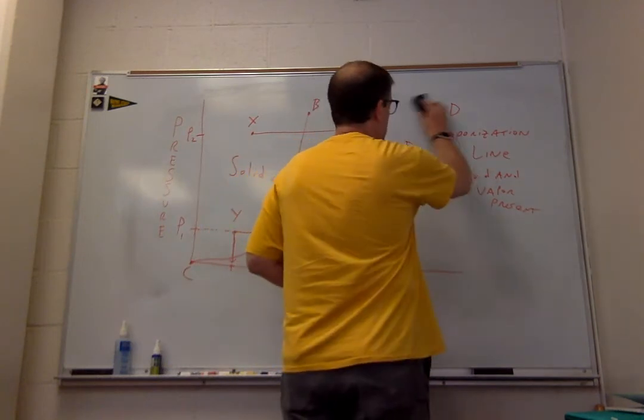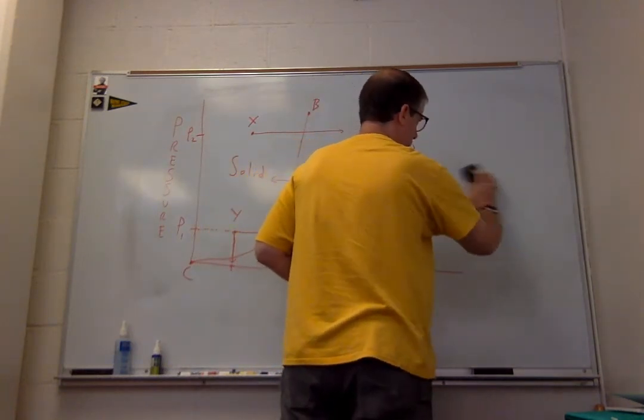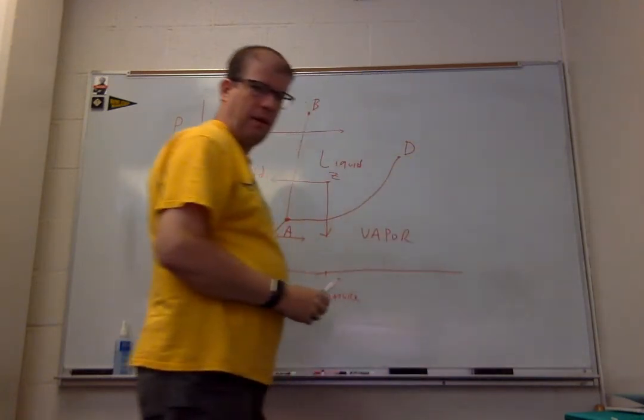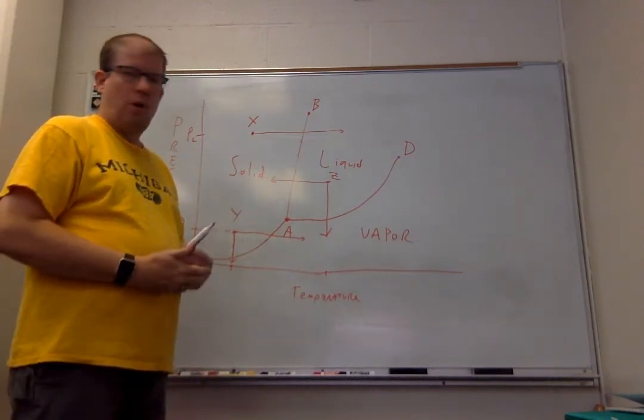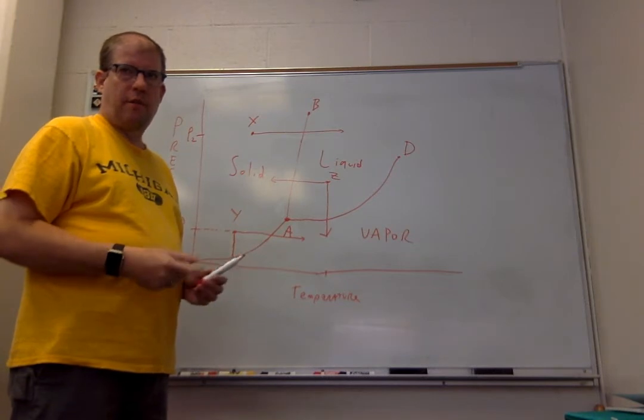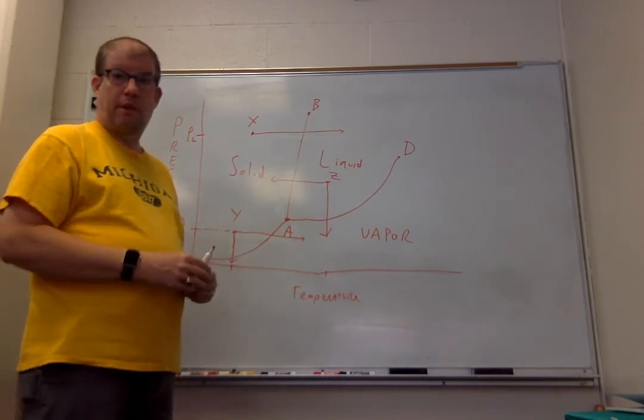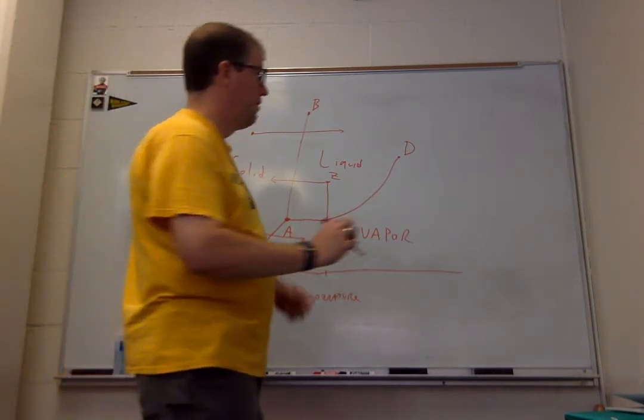Finally, one thing that's important to summarize here is the energetics of these phase changes. Now, we've done this in class, but let's just sum it up into one chart here.